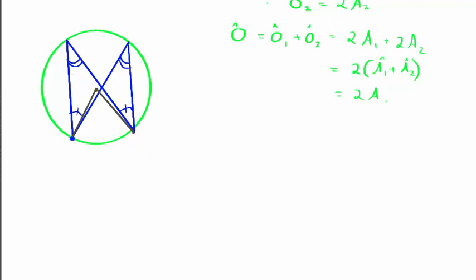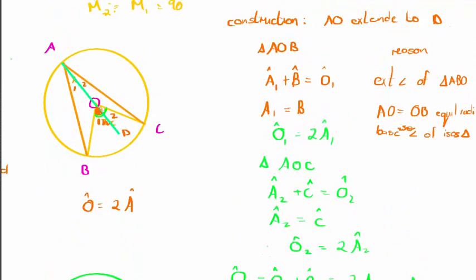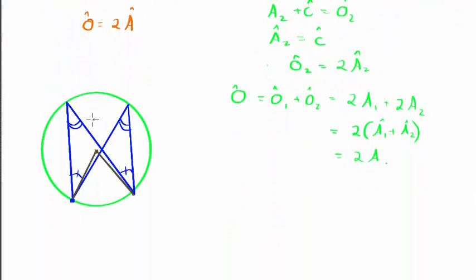Okay, and so can you see how you can use this? How can you prove, using a theorem that we already know, that these two angles are equal? So this is A, B, C, D, and O.